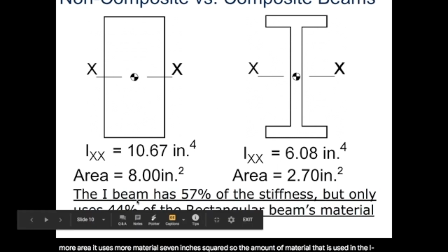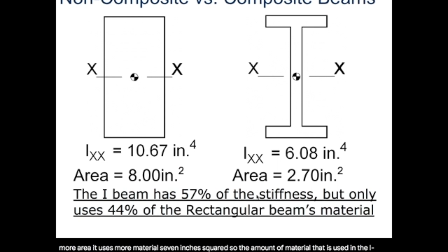In fact, as you see on the bottom here, the I-beam has 57% of the stiffness, so it's more flexible, but it only uses 44% of the material of the rectangular beam. So there's a trade-off. The regular beam is much stronger than the I-beam, but the I-beam wastes less material. So that's all part of a trade-off that you come to when you're looking at strength of materials and the cost of using one type of beam versus another type of beam.